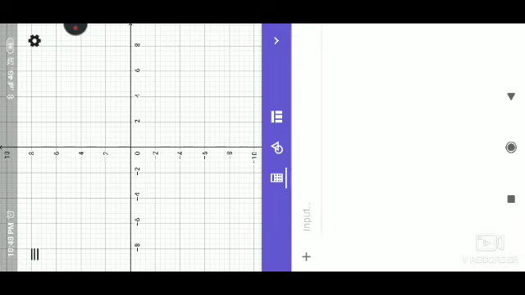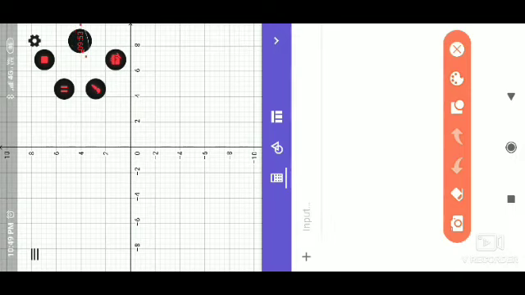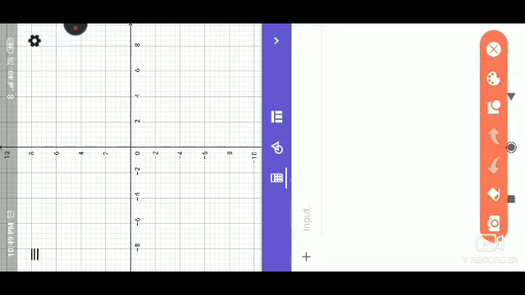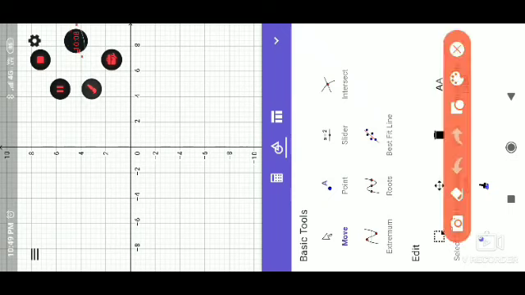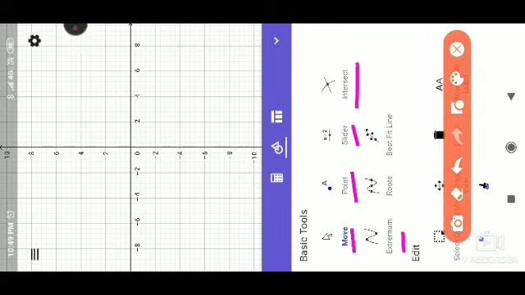First of all, you have to select this option. If you select this, you will see that some shape names are given here: move, point, slider, intersect, extremum, roots, best fit line.